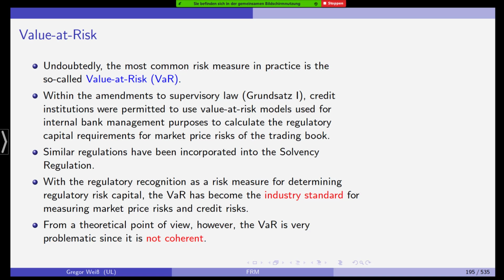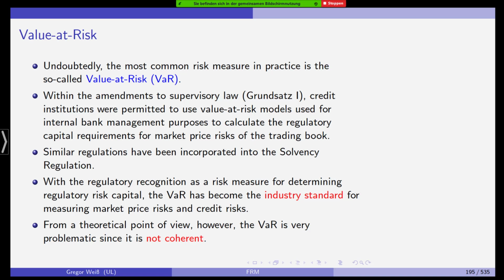And these regulations were then incorporated also in the Solvabilitätsverordnung, the solvency regulation. And with the regulatory recognition of VaR as a risk measure for determining regulatory capital, all banks started to use value at risk internally and for external purposes. So it basically became an industry standard for market price and credit risk.